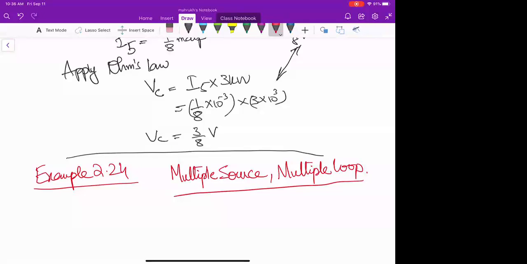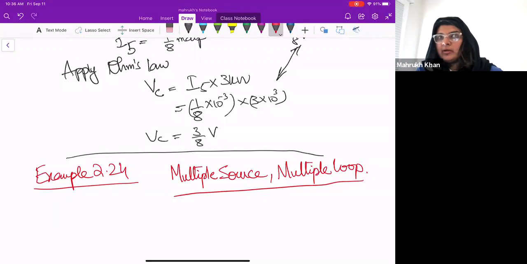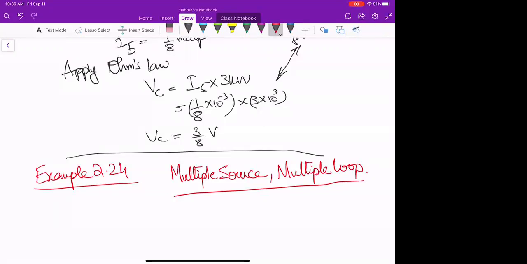Canvas can time you, so the quiz will close after a certain amount of time once you start it, but you could start it whenever before a certain date.